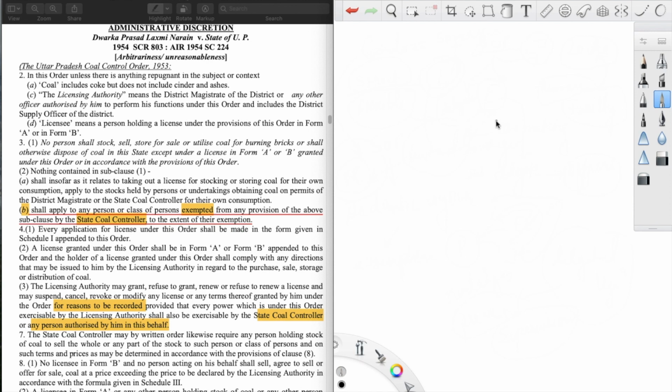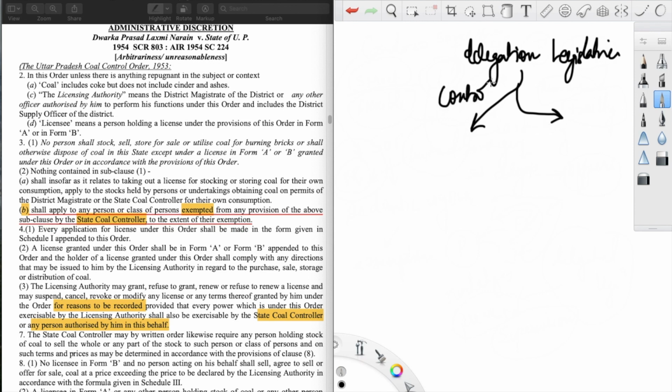To whatever we discussed in this video, some additional points also have to be taken into consideration, and that is when there is a delegation of legislative function, then we read that there has to be a control, and that control has to be of two different types.